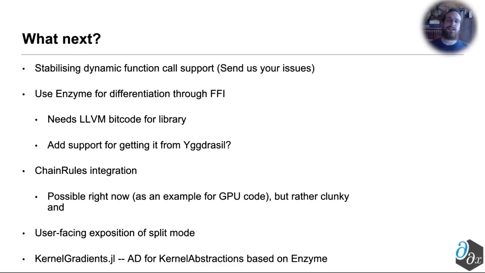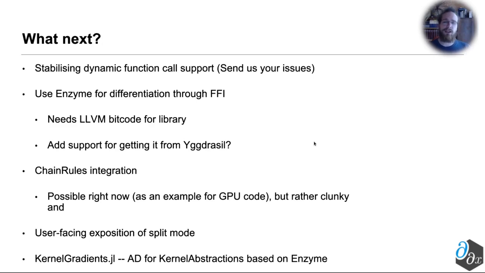So what is next? Well, we want to stabilize dynamic function call support, so please send us your issues, try it out, and tell us which codes don't work yet. I also want to make it easier for Enzyme to be used to differentiate through foreign function interfaces. So if you're calling a C library from Julia or a Fortran library from Julia, you should be able to use Enzyme to differentiate through it, but we do need the LLVM bitcode to be available for that library.